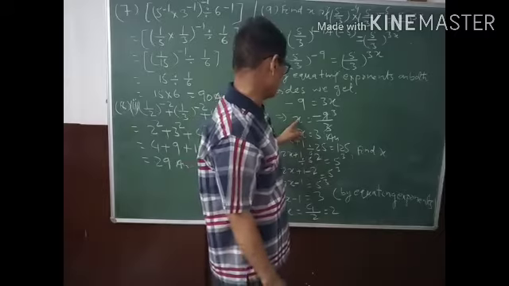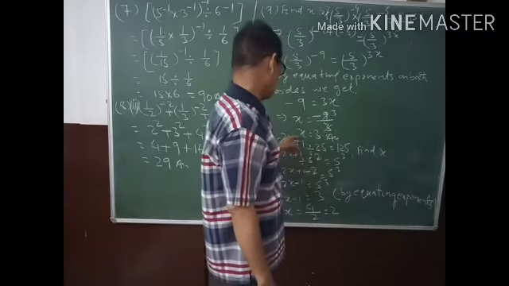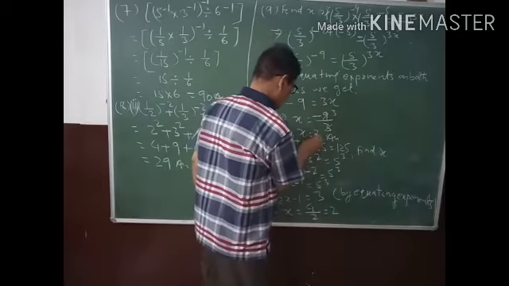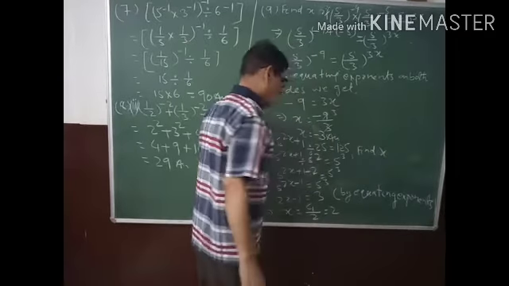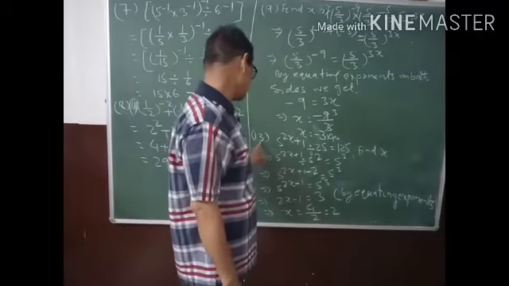Therefore x equal to minus 9 by 3. This will give you x equal to minus 3.